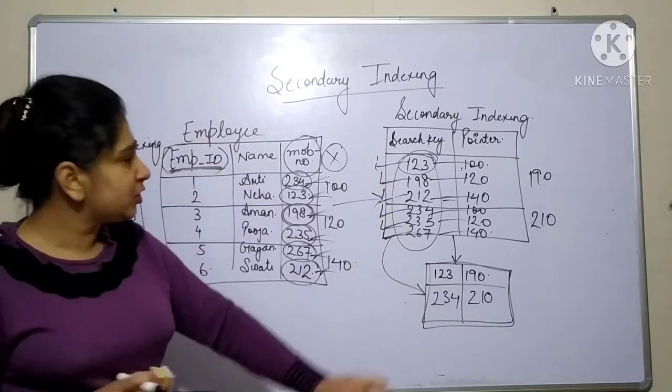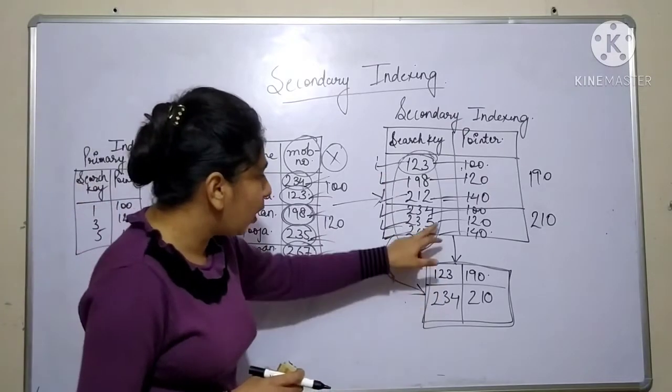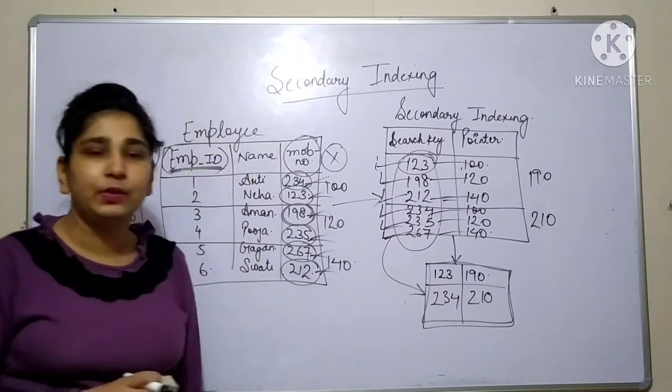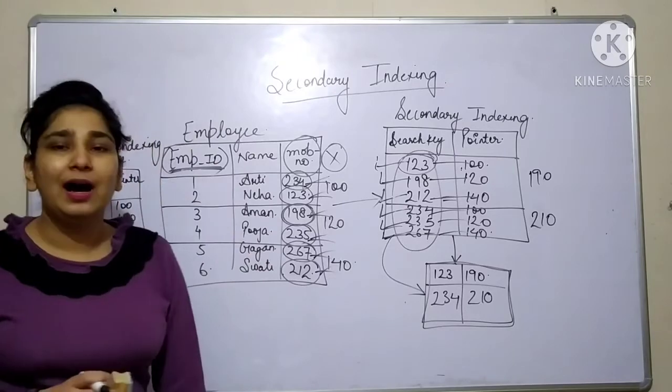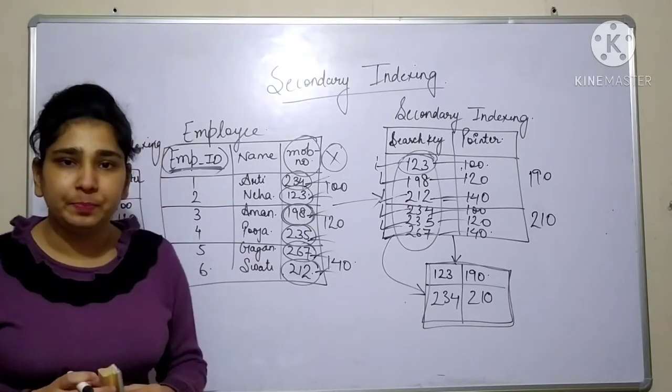This block's first mobile number is this one. The second block's first mobile number is 234. So I am writing here. This way we are trying to reduce our searching time.